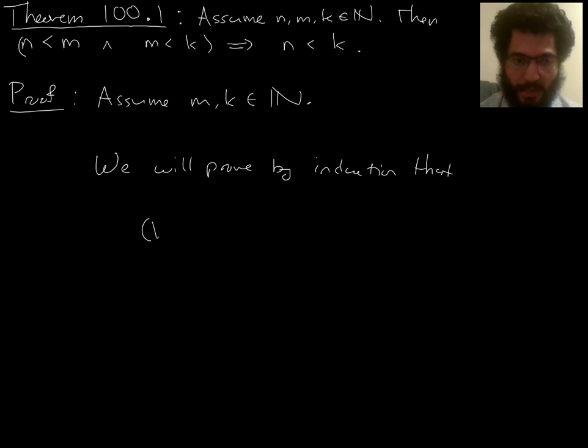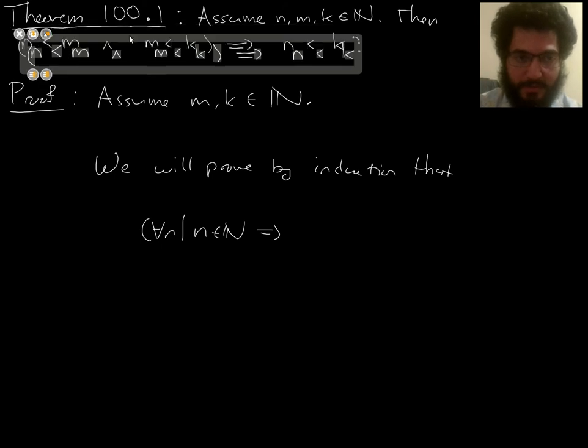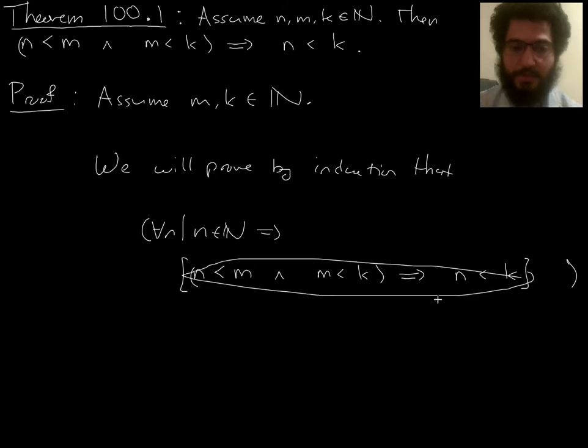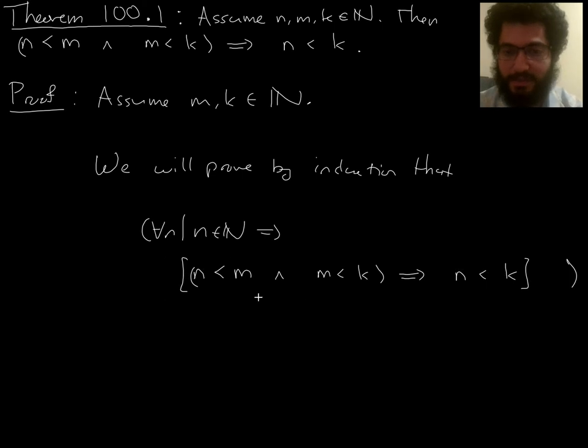So prove by induction that for all n is a natural number implies, and then the thing that we want to prove here. And put this in some nice brackets. So this is one way to go. We could fix m and k and then do induction on n. So then our base case would have 0 in place of n. Our induction hypothesis would be this itself, and then we try to prove this with next n in place of n.